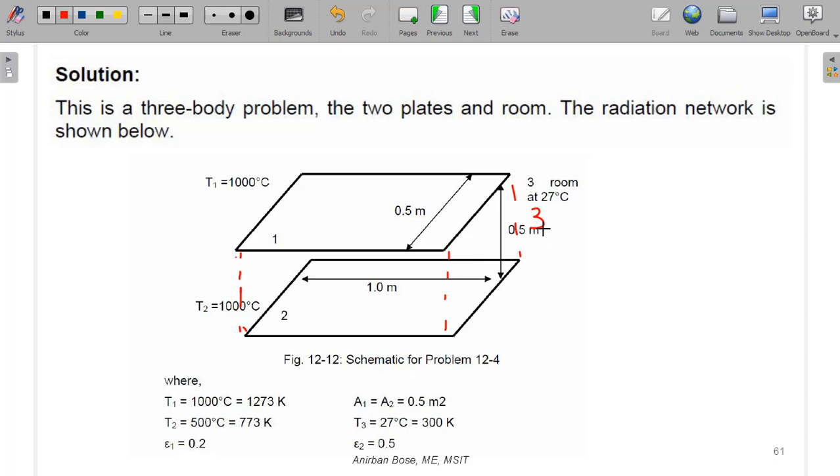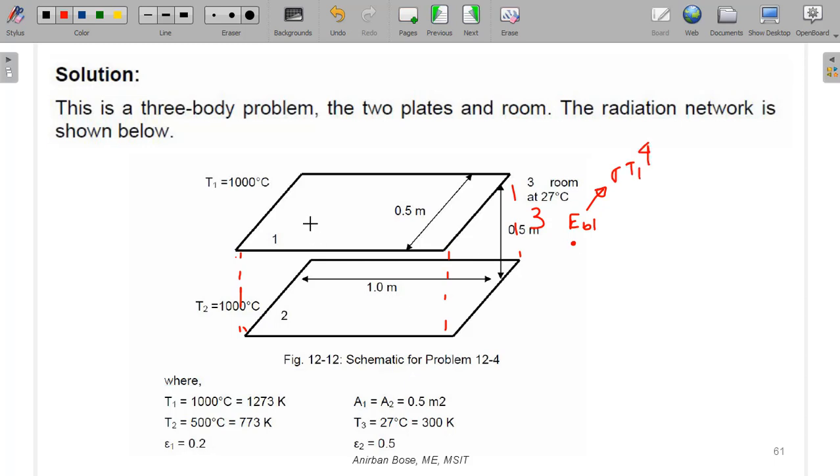Okay, so that is 3. So now you have 3 surfaces, and let us consider this surface is 1. So corresponding potential is EB1. What is EB1? That is corresponding to temperature T1. So this is sigma T1 to the power 4.